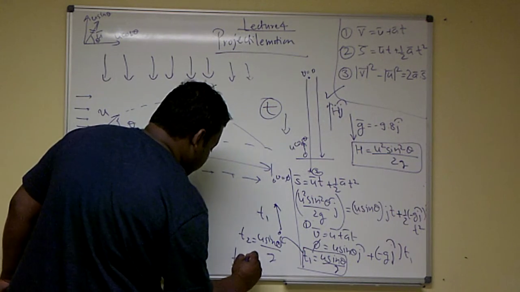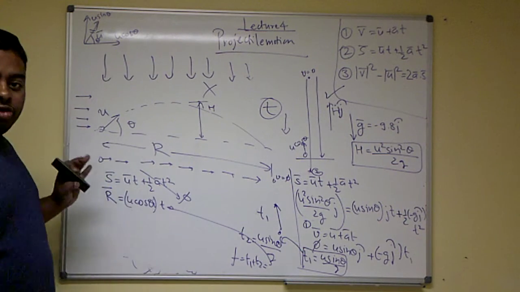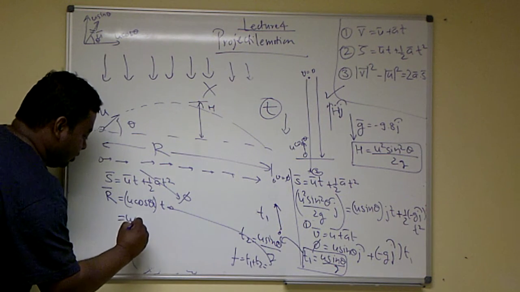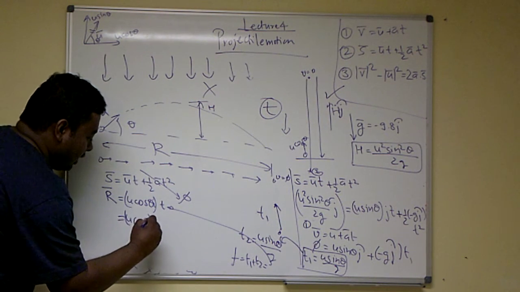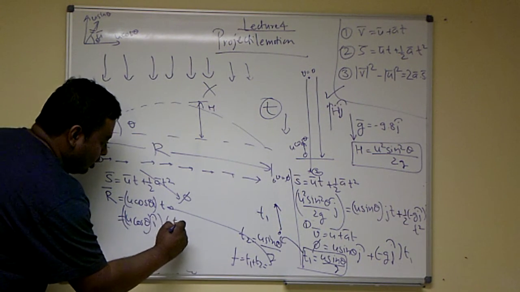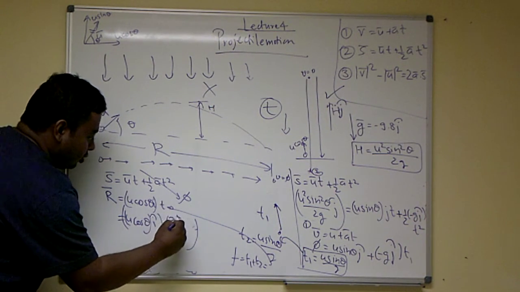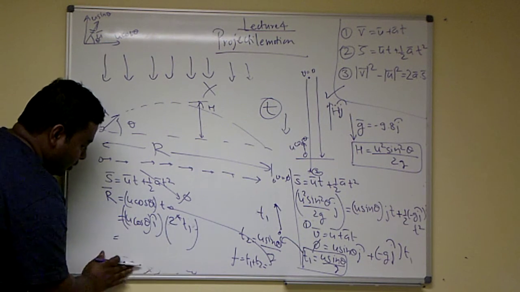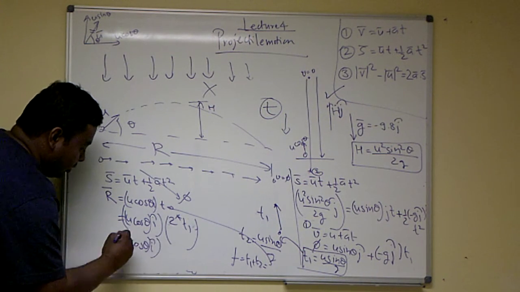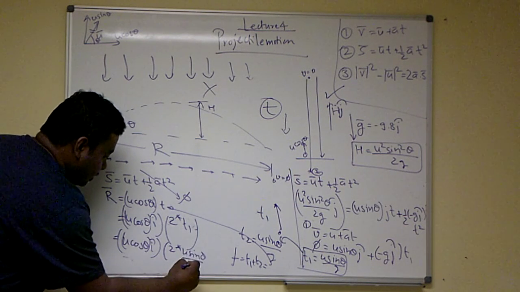So your total time will be t1 plus t2, which you can incorporate here for your range of the shot put. That is going to come as u cos theta i cap times t1 plus t2. Since by symmetry both of them were the same quantity, we can write it as 2 into t1, which will become u cos theta i cap times 2 times u sine theta over g.